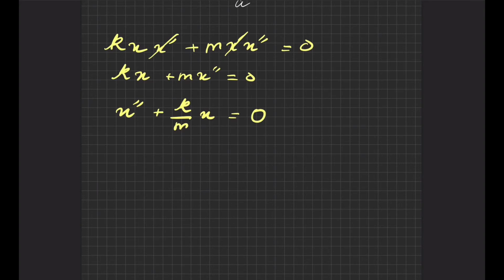Okay, so the equation that we have is x double prime plus k over m x equals 0. If we look closely, this equation has a function, which is x, and the double derivative of the same function, which is x double prime.